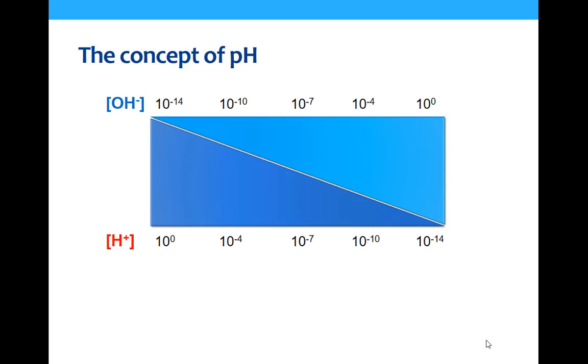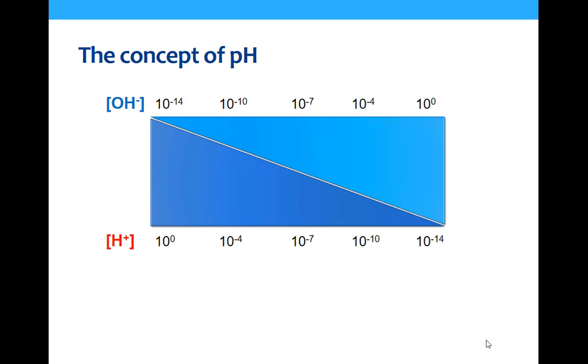If you look at H plus concentration on a scale, it is very high here and gradually decreasing because the power is negative, from 10 raised to power 0 all the way to 10 raised to power minus 14. Opposite to H plus is hydroxyl ion, or OH minus. These two go reciprocally.